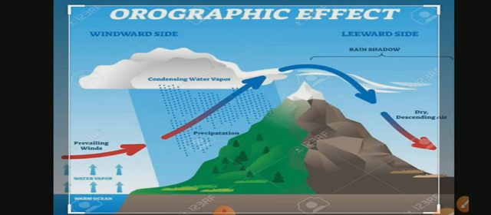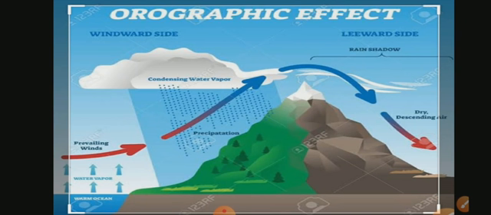Especially in the Ladakh area, you can see that one portion is the leeward side and another portion receives heavy rainfall. Similarly in the Western Ghats, the leeward side is a dry region.